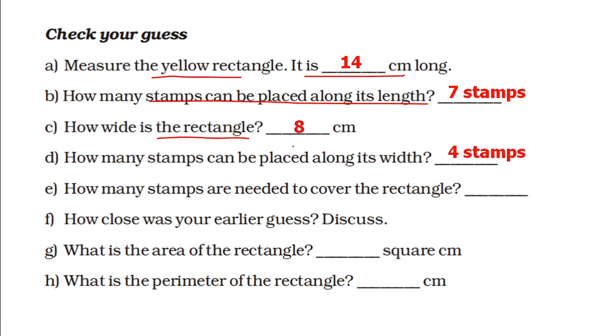How many stamps can cover along the width? 4. How many stamps are needed to cover the rectangle? 28 stamps. So you can see the difference between your guess and the real answer. What is the area of the rectangle? 112 square centimeter. We have just calculated. What is the perimeter of the rectangle? 44 centimeter.